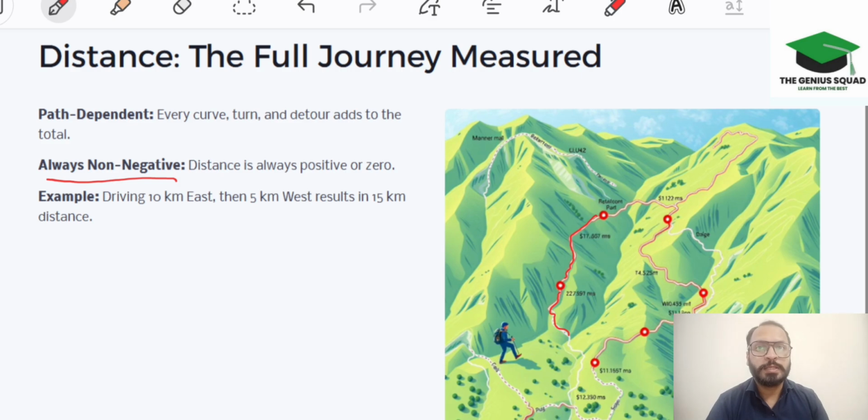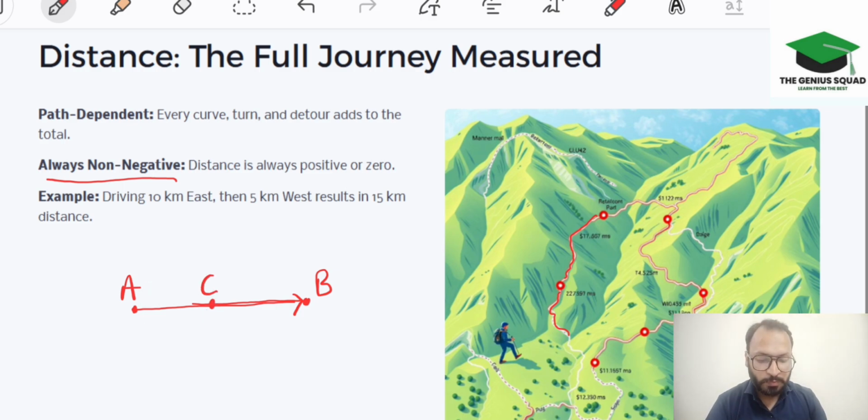Okay, let's take an example. Let's say you started from here and moved 10 kilometers towards east, reaching point B from A, and then you moved back 5 kilometers towards west to point C. How much will be the total distance?